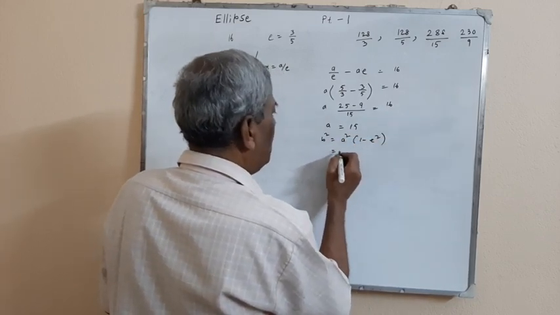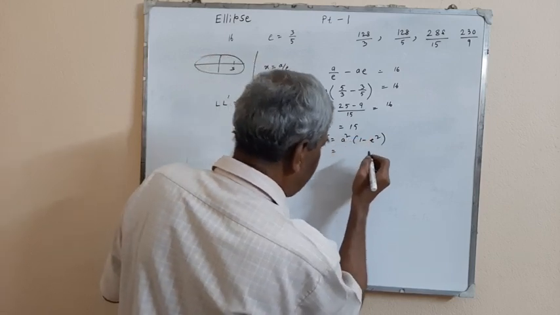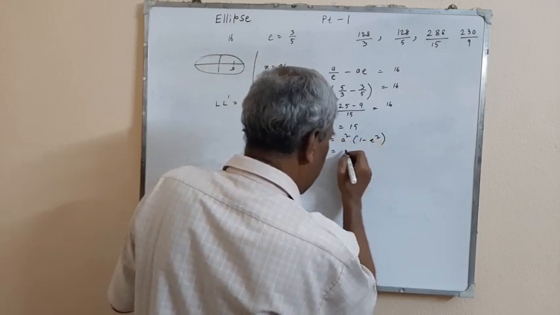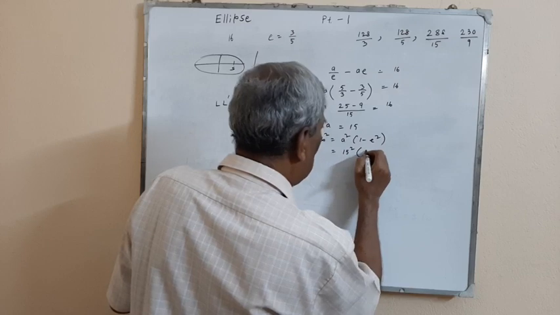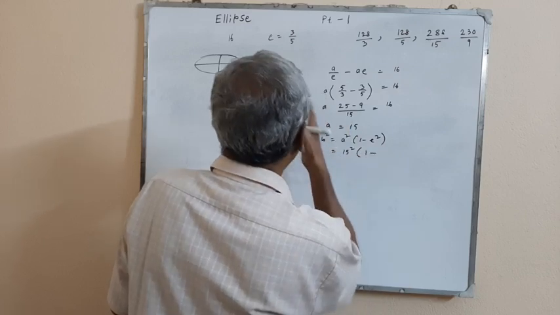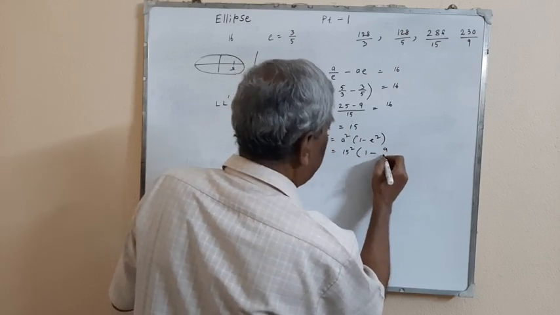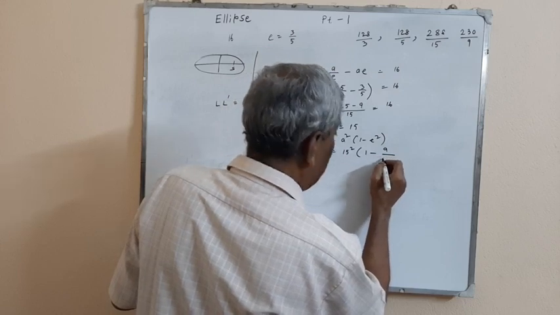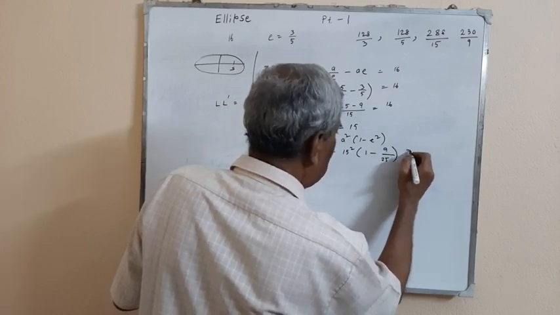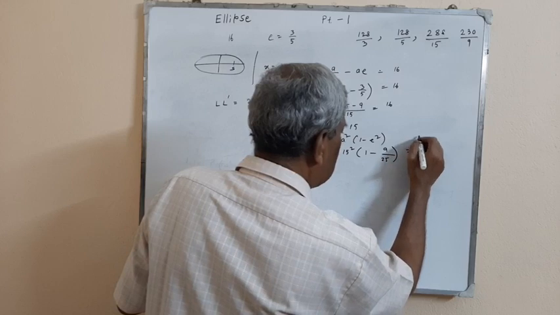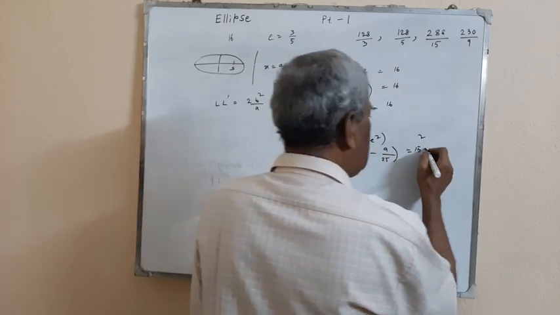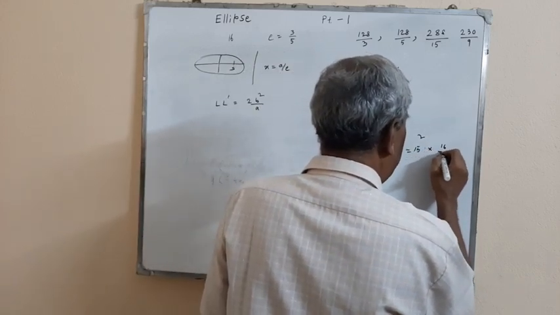That is, b square is 15 into 15 into 1 minus e square, which is 16 by 25.